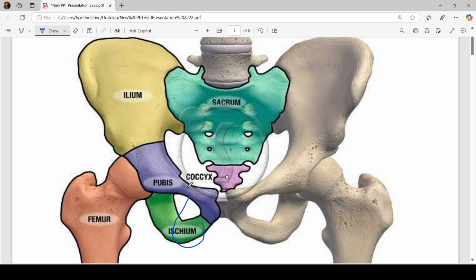These parts are connected together and form the rounded area, and they protect the reproductive organs, that means uterus, ovaries, fallopian tubes and bladder. They also connect the thighs: the femur bone connects to the pelvis bone at the connected area.